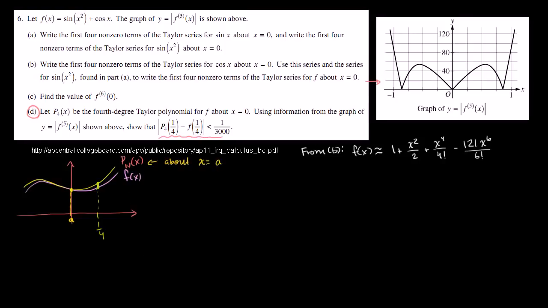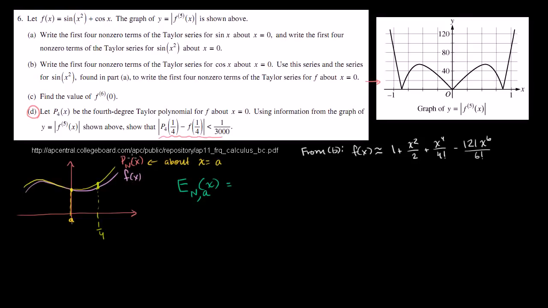So let me first define this error function here. Sometimes it's called a remainder. So we could say the error function for the nth degree Taylor polynomial approximation about a will be a function of x. For any other x that you pick, what will this error be? It is equal to the difference between these two things.